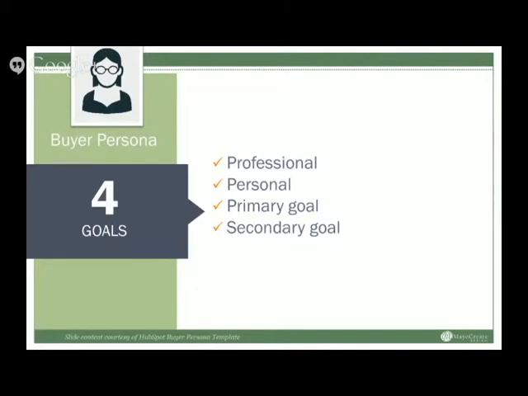Maybe their goal is to be able to play in the backyard with their children, or maybe their goal is to be able to hire a salesperson or to retire by 45. So there's lots of different things that goals could be. Understanding what their personal and professional goals are will help us tailor our blog posts so that way they can really connect with the information.